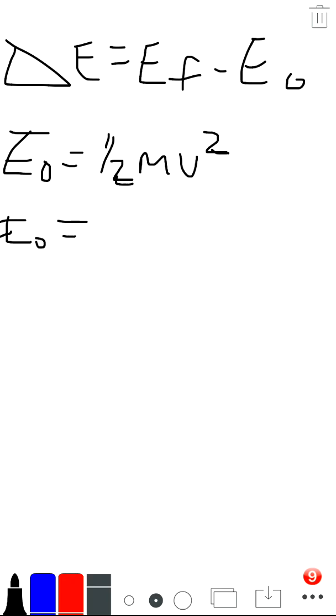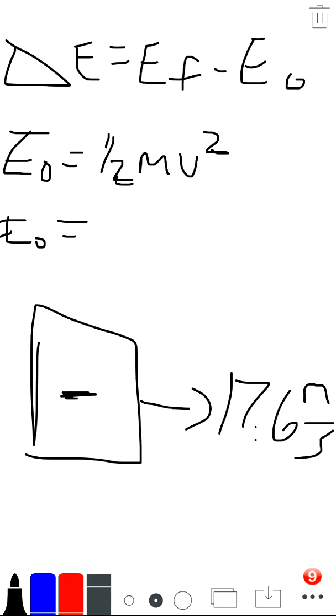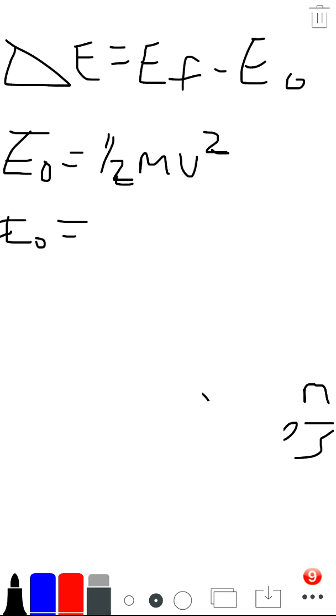Since we are talking about initial, we're talking about the moment that this bullet is embedded and it starts traveling 17.6 meters per second with a total mass of 523 grams, or 0.523 kilograms. So that's our starting point.